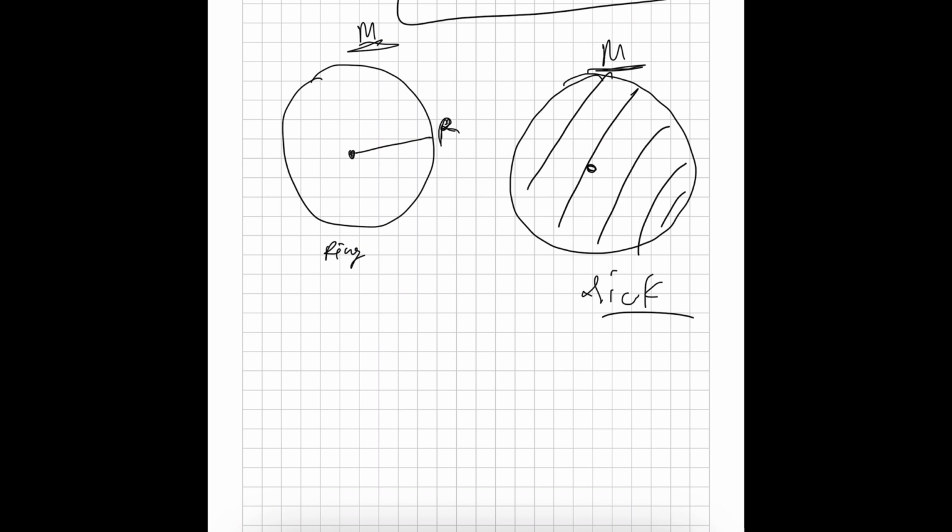So the only thing that is different is their mass distribution. The mass distribution in the ring is only at the periphery, and here it is also in the area.